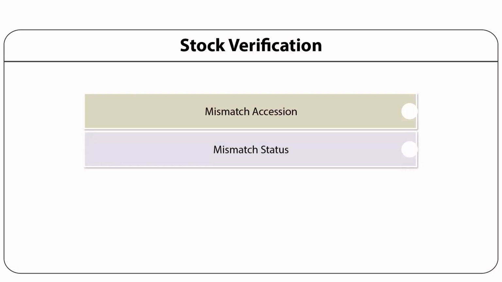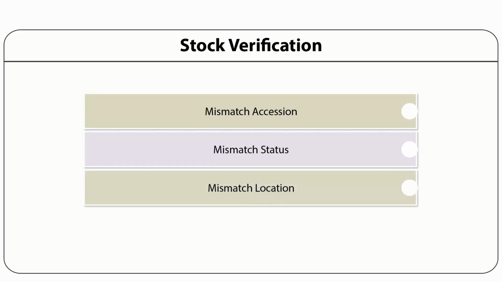In this report, one can get the list of all those items for which the status is different in the database. Number 3. Mismatch location. In this report, one can get the list of items which are from different locations. And number 4. Available items. In this report, one can get the list of items for which the status is available, that is, on shelf, but they are not verified during verification.